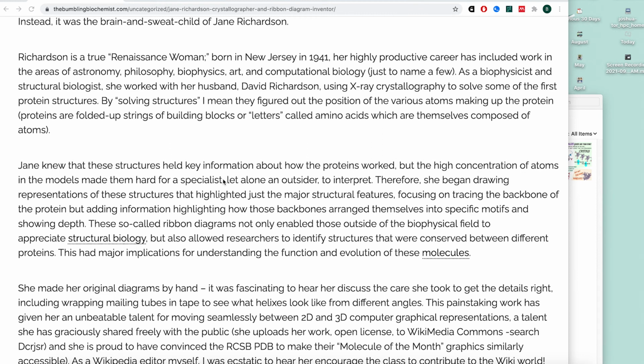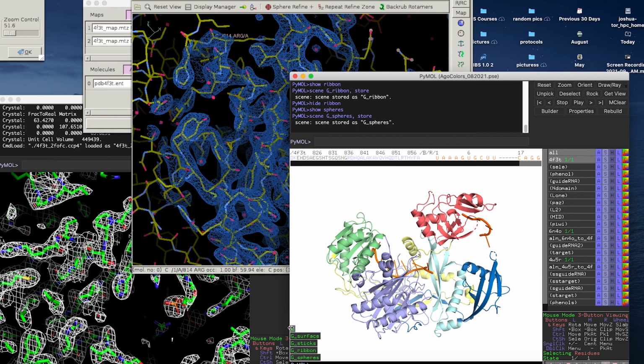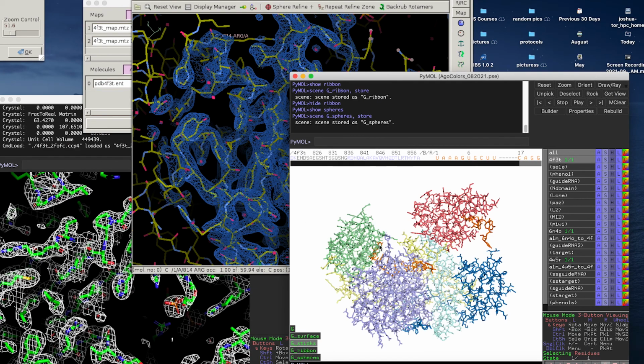She worked with her husband, David Richardson. They saw some of the first protein structures, so they figured out the atomic makeup, where all the different atoms were positioned. And they were getting all of this data and these big jumbled looking things, and she wanted a way to represent what was going on that was clearer to interpret than just a ton of sticks.